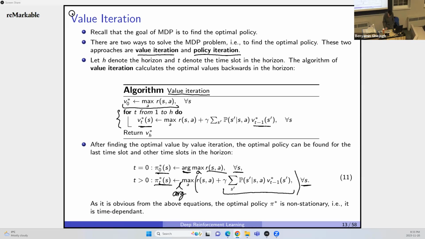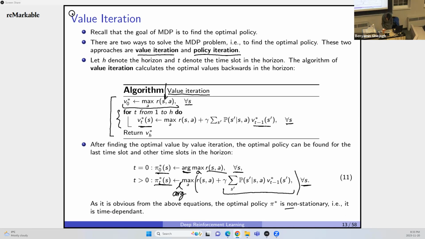What do I mean for all states, by the way, in the algorithms? Here, I'm using state S, but which state S? Every state S. So basically, the whole thing can be either inside a for loop, or you, as an input, you'll say, for this state, do the value iteration. Okay.